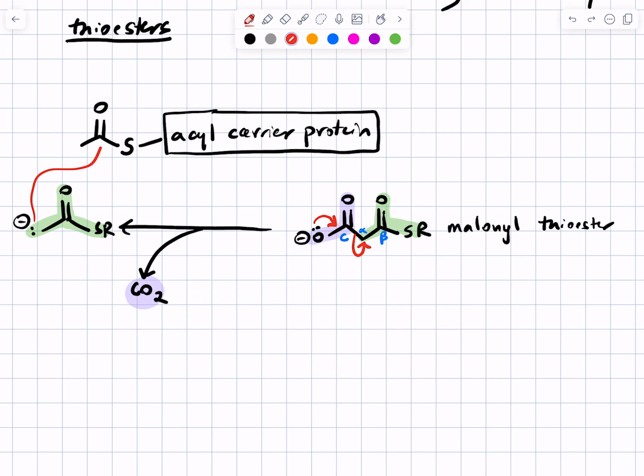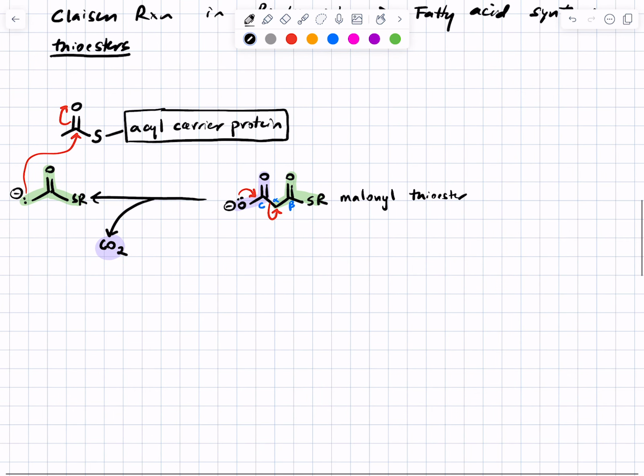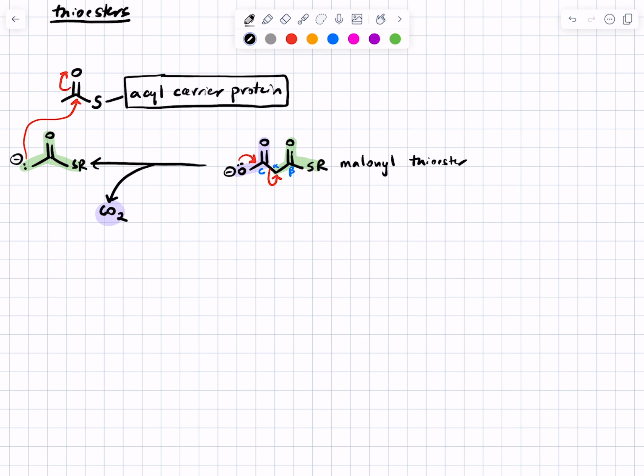We'll have this alpha carbon attack the carbonyl carbon of the ester. That's the Claisen step. That's going to make a bond between the alpha carbon of my enolate, which I'm labeling in green, and then the carbonyl carbon of my thioester attached to the acyl carrier protein, methyl group, and then I'm just going to abbreviate acyl carrier protein with ACP.